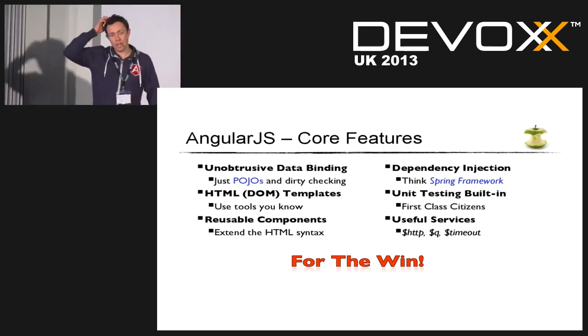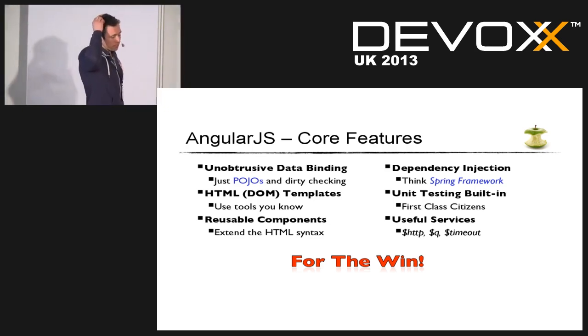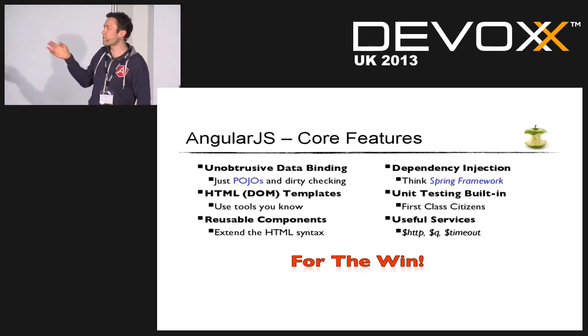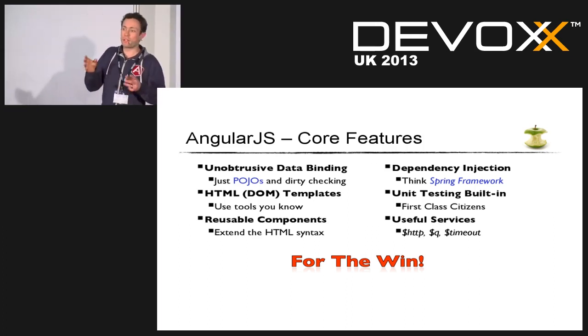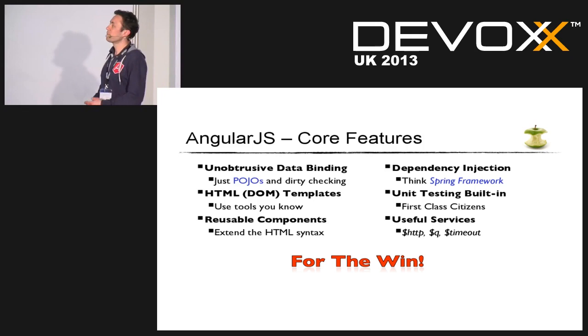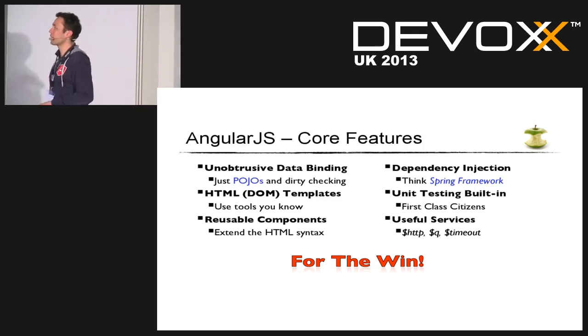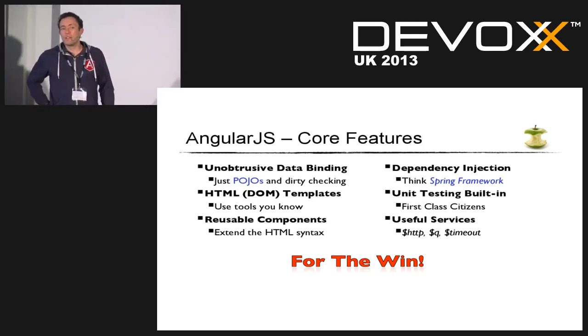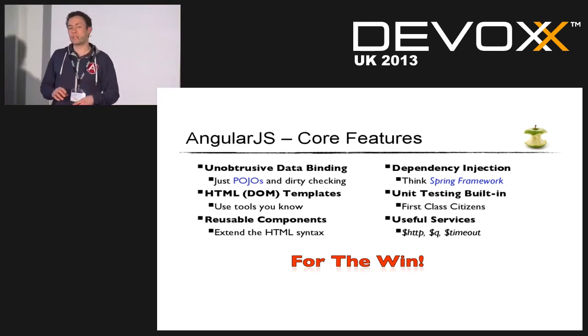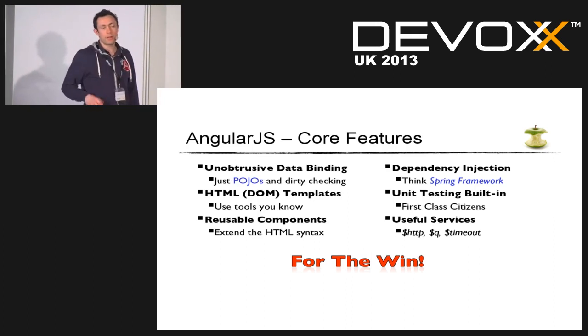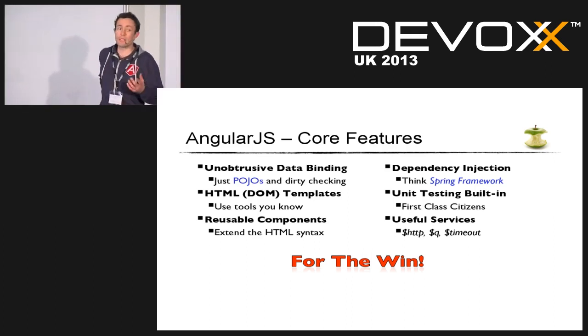One of the things that AngularJS does, which is quite dissimilar to most frameworks, is that they just say your model is just your own. You do whatever you like with it. It's just a load of JavaScript objects, POJOs, plain old JavaScript objects. And you don't have to inherit from anything. You don't have to plug adapters onto your code. You just have whatever you like. And this makes really nice, clean code.